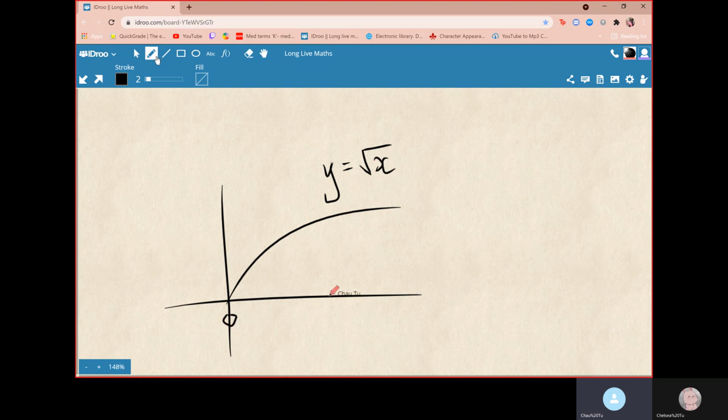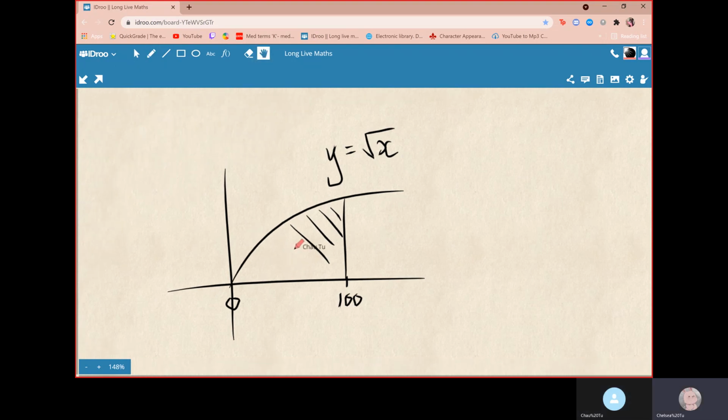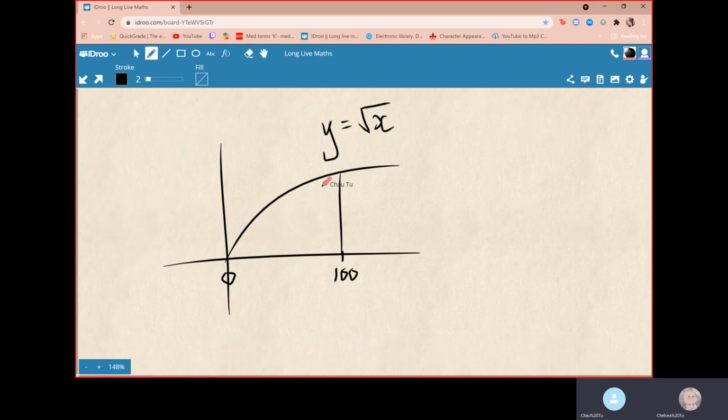So let's work out the area from 0 to, let's say, 100. What's this area here, Chelsea? When we did this, we would split it up into lots of strips. Remember this?